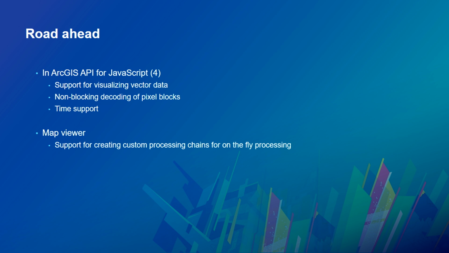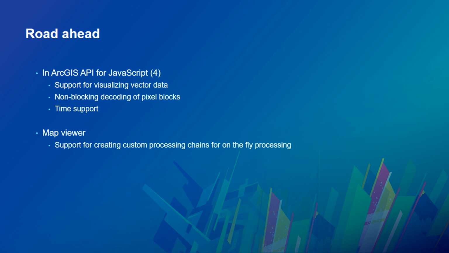Then we are working on performance enhancements to make the decoding of the imagery data in your layer non-blocking, so it wouldn't execute on the main thread and would be worker-based. That takes the load off the main thread, so whenever you want to include interactivity in your applications, that would be faster because of that. And then we are also working on time support.